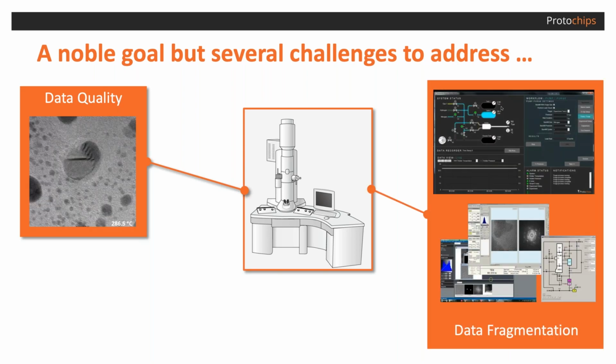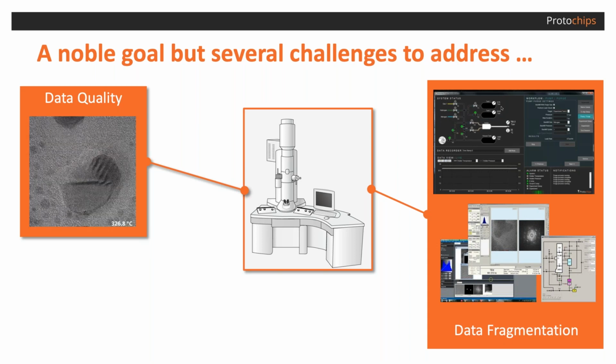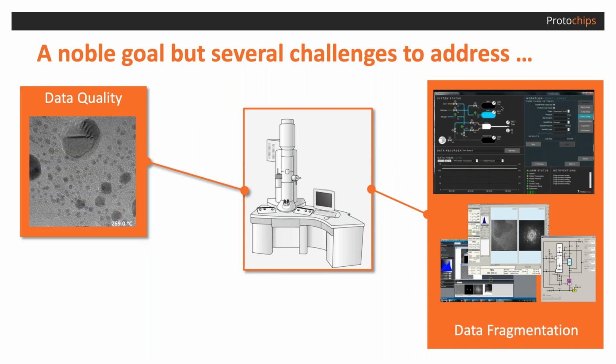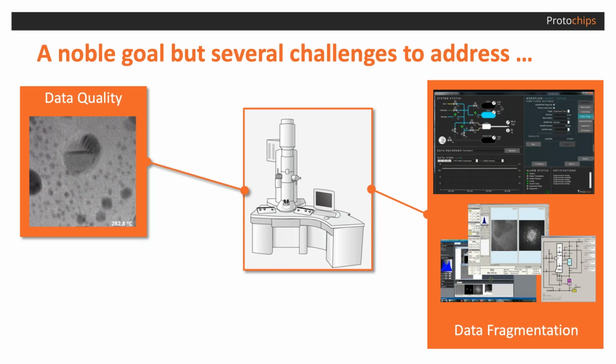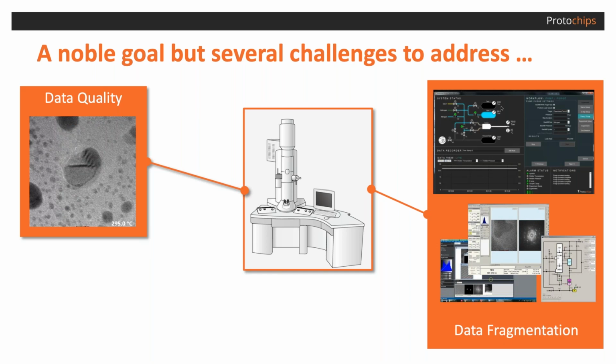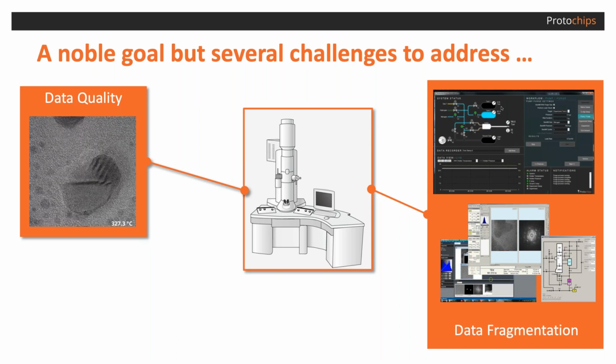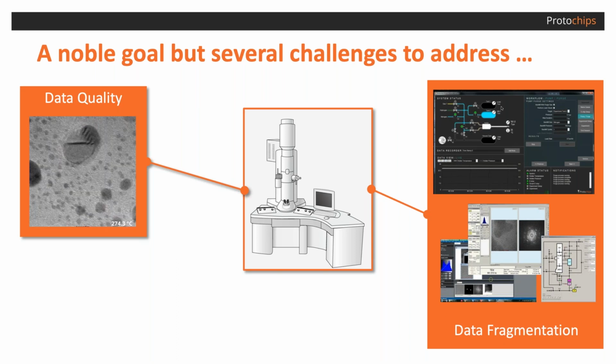In addition to that, data exists in many different parts of the instrument. You've got data on the camera, perhaps on a GATAN computer. You've got data on the microscope, on a JEOL or a Thermo computer, and you've got in situ data on a Protochips computer. And they're in different locations, and it's really up to you right now to be able to bring all that together and synchronize it. And that usually involves a watch or an iPhone or a notebook and a pen, and that's hardly scientific or accurate enough.